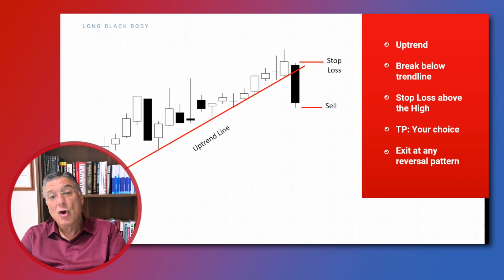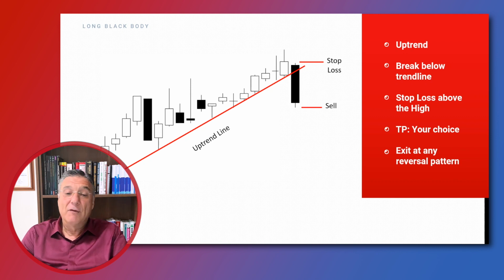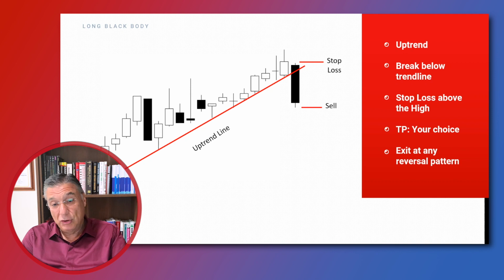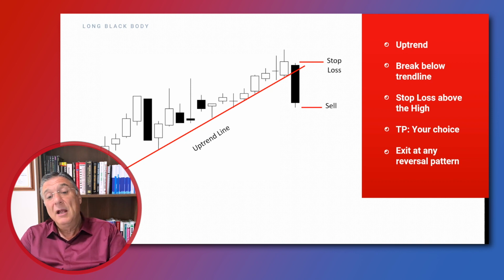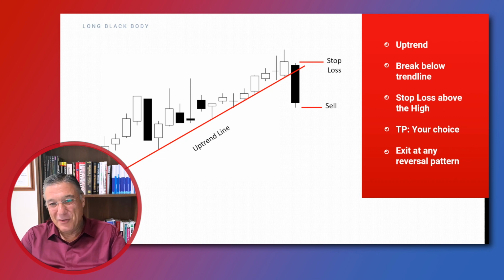Of course, you can combine this strategy with oscillators, for example, your favorite oscillator being in the overbought zone, and along with this scenario, it's going to add more confidence in your hands.